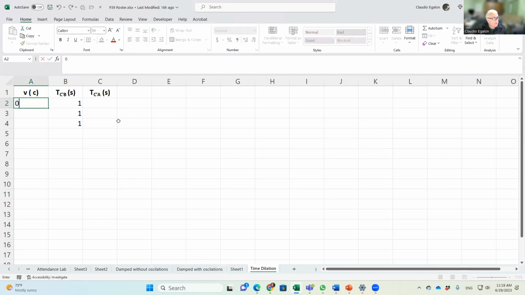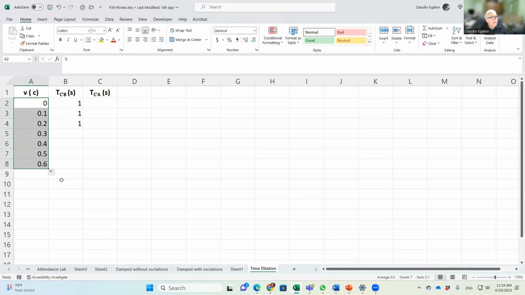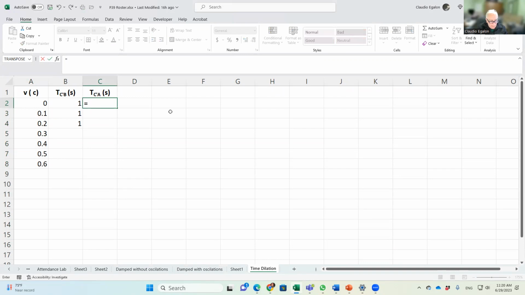And we started with the clock at rest. And little by little, we start to increase the speed of the clock with respect to referential A. We must raise that to the half power, right?